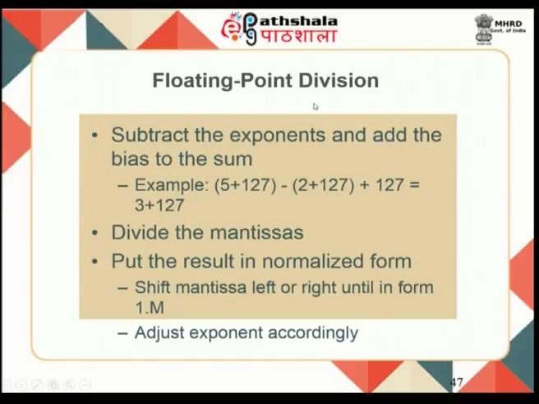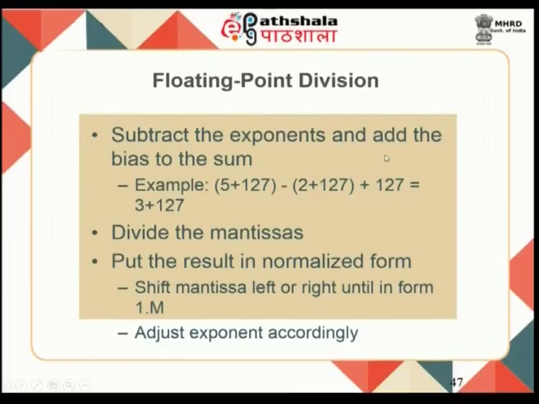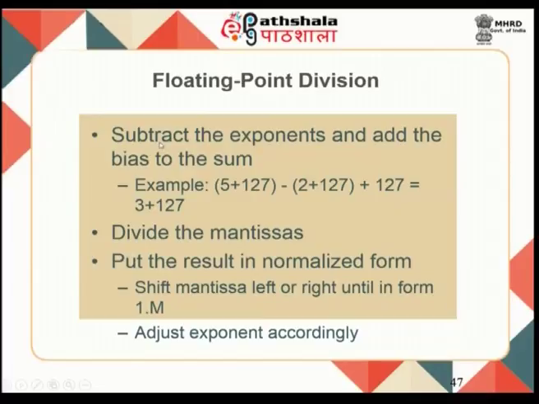So, the next operation is floating point division. For floating point division, again remember that the numbers are represented using the biased exponent representation. When you have to divide two floating point numbers, all you have to do is subtract the exponents. When you subtract the exponents, you get the actual difference between the two exponents, because one is a 5 and the other one is a 2.